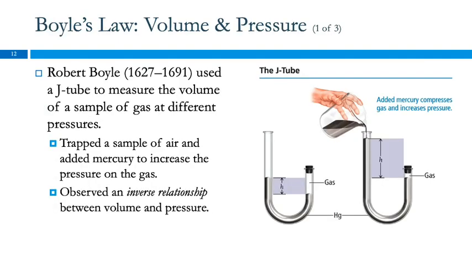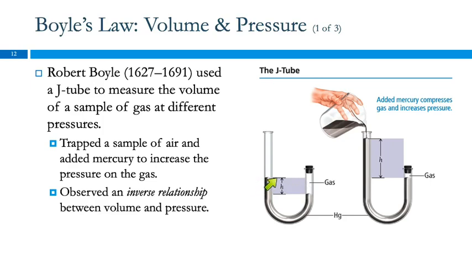And these laws date back a long time ago. So here's Boyle's law relating volume and pressure. Robert Boyle lived in the 1600s, right? And so this is a representation of the type of experiment he did. He used a J tube, a J-shaped tube with mercury in it, and in the closed end, he put a gas sample.